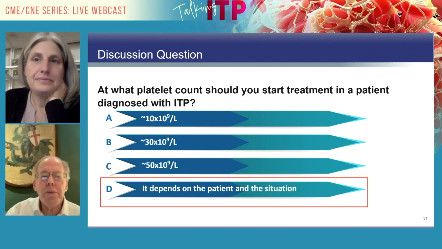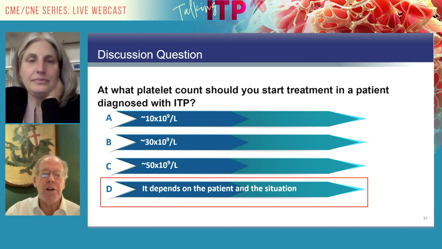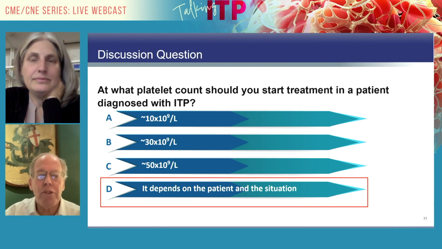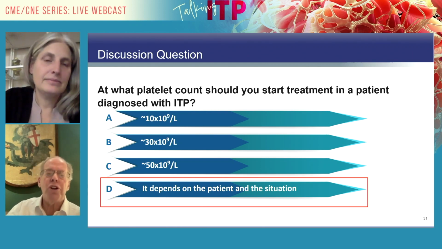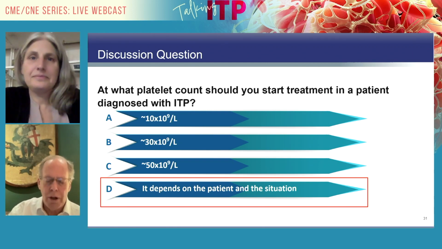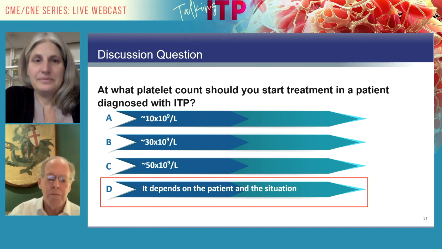And I think the point here is you might treat a patient at 50 if they needed major surgery. And I think on the adult side, 10,000 or less, you'd almost certainly treat. But there's some move that in younger adults, if they're otherwise well, they might not need to be treated at, say, a count even of 20,000.